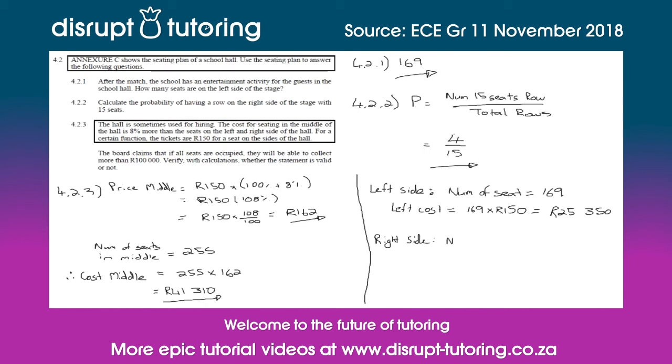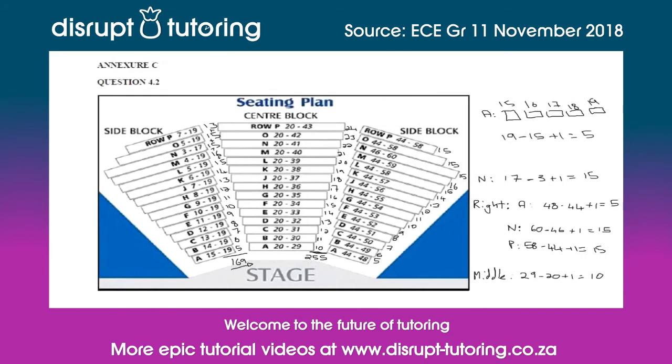And now finally we have to do the right hand side. So for the number of seats, we just need to do another total calculation. So we need to total up these numbers that we've already written down on our seating plan.